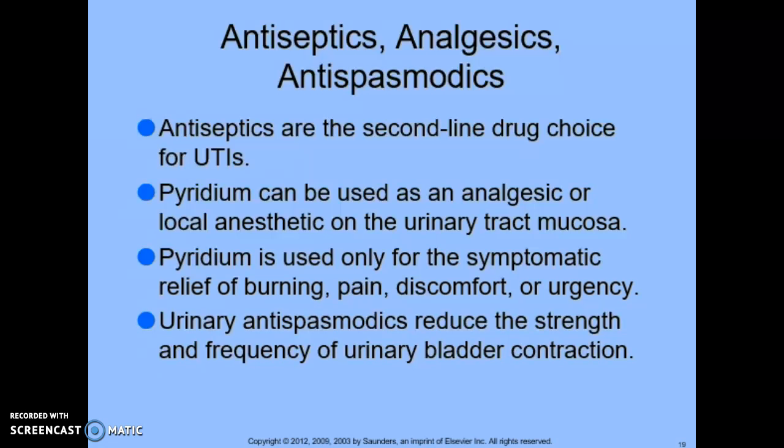Urinary antispasmodics reduce the strength and frequency of urinary bladder contractions. Nitrofurantoin, methenamine, nalidixic acid, and cinoxacin are the four medications used as urinary tract antiseptics. They are used primarily for lower UTI.